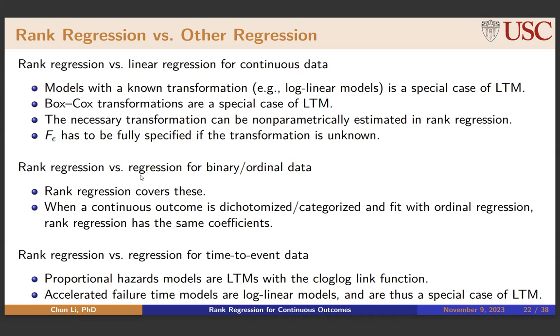Between rank regression and regression for binary or ordinal data, we already said that rank regression is an extension of that. It covers it. And when a continuous outcome is dichotomized or categorized and fit with ordinal regression, rank regression has the same coefficient, so it's the same interpretation and it's more efficient.